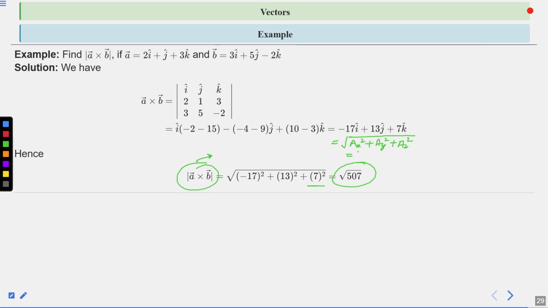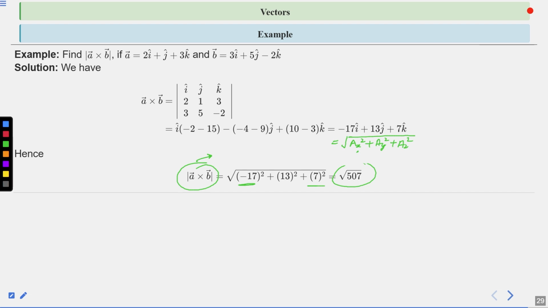So ax is minus 17, ay is 13 and az is 7. I hope this is clear. Clear?